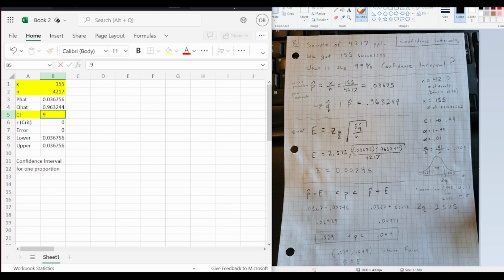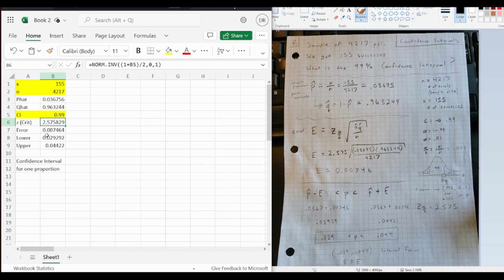That was a 0.99. As you can see, that critical value goes right to the 2.575 number. And we get a p-hat of 0.03675, like we saw.